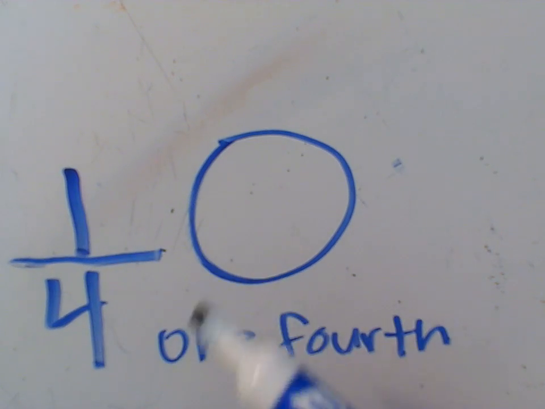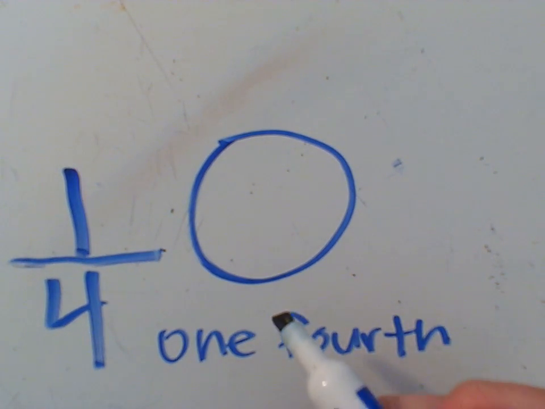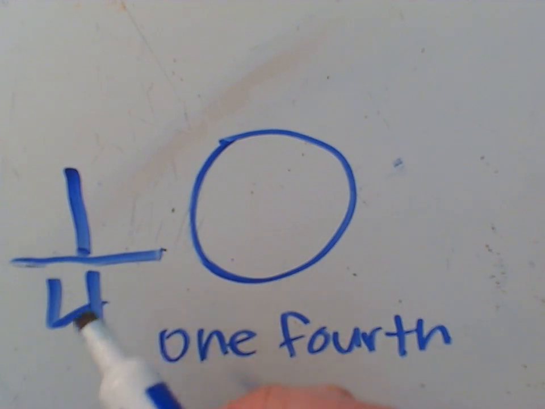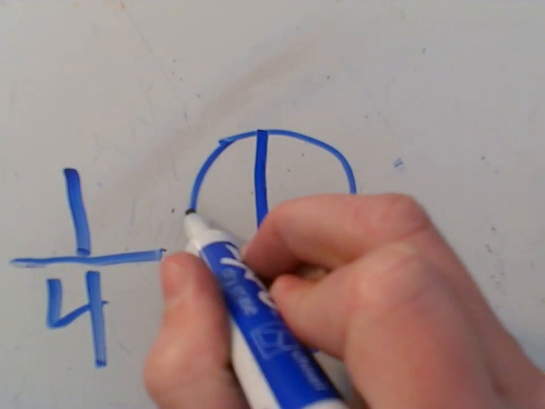It's going to represent the number of shaded spots or the one part that you're going to use. So how many equal parts do we need in our circle? Yeah, we need 4 equal parts. That's what our denominator tells us. 4 equal parts.